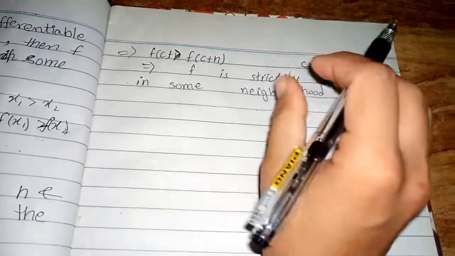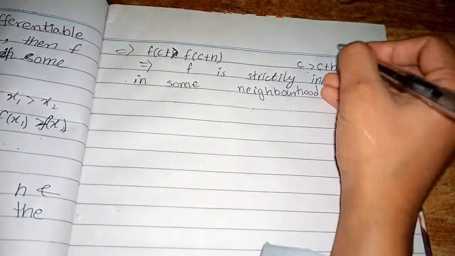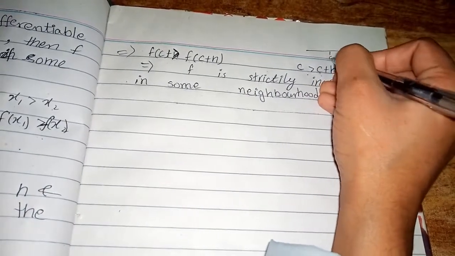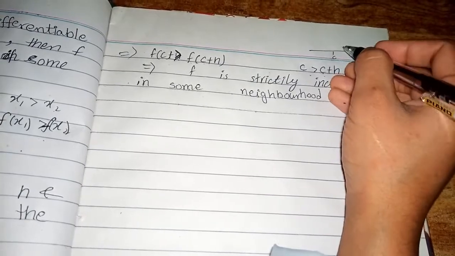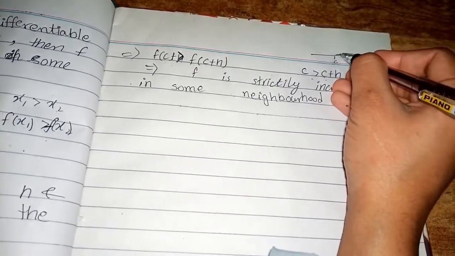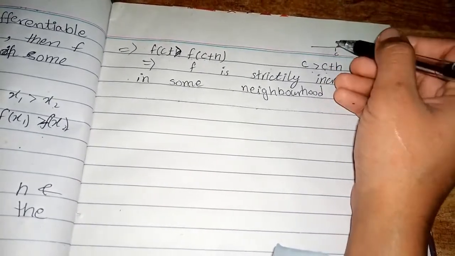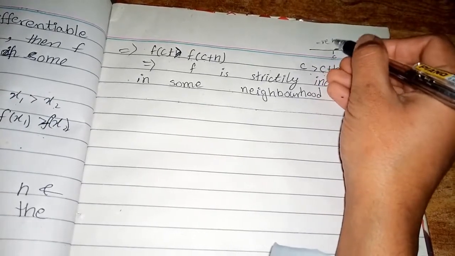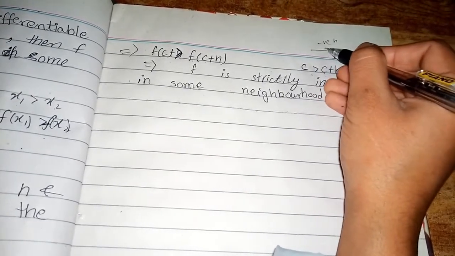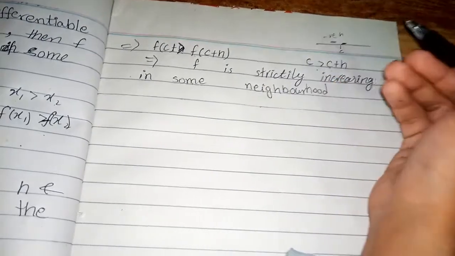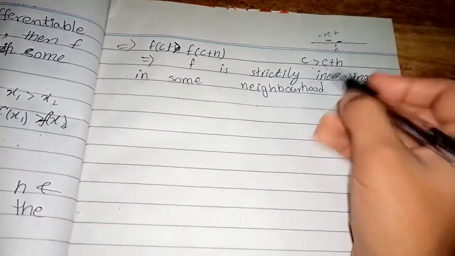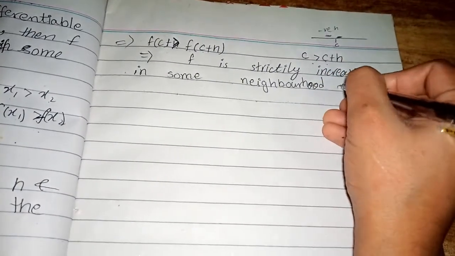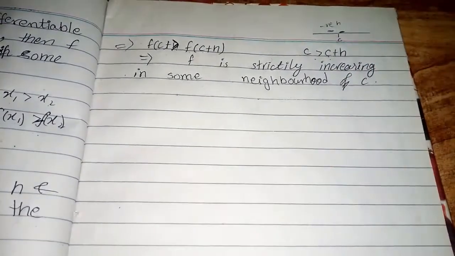If c is here, then if we add some positive h, the values are from here, and if we add some negative h, then the values are from here. So the function is strictly increasing in the neighborhood of c. Then we have the proof.